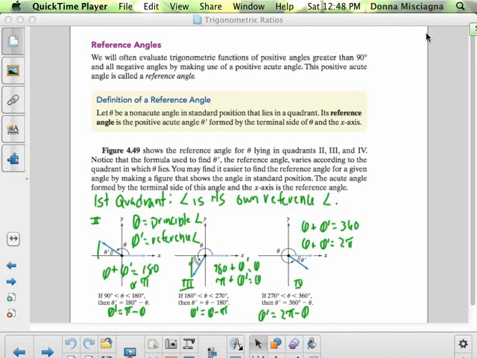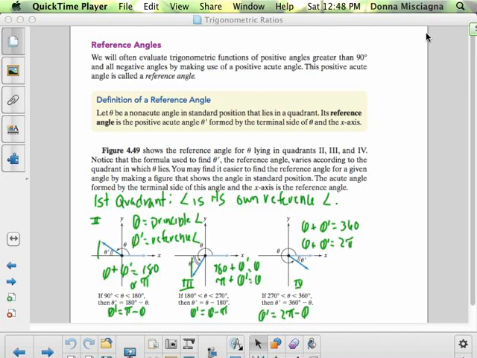We don't have one for the first quadrant because the first quadrant is its own reference angle, since it's less than 90 degrees. But in the second, third, and fourth quadrants, the angles are greater than 90 degrees. So we need to find a reference angle, a positive angle that's less than 90 degrees, for that angle that's more than 90 degrees.